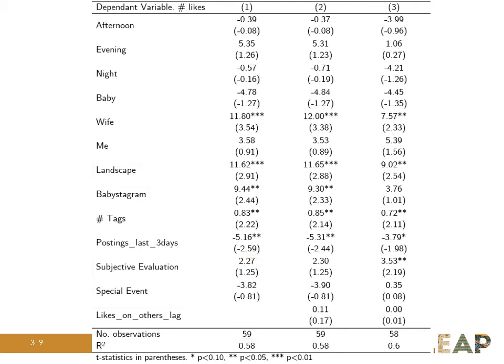And then I added 2 more columns in the regression result table. The first one is likes on others. I thought people respond to the favor that I did for them.